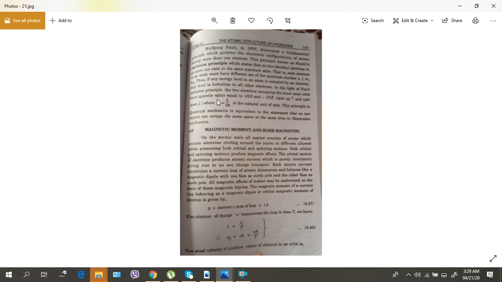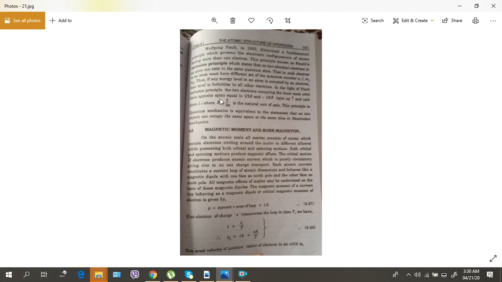Means if we have a helium atom, we know that in helium we have two electrons in one shell, that is K equal to 1 or n equal to 1.